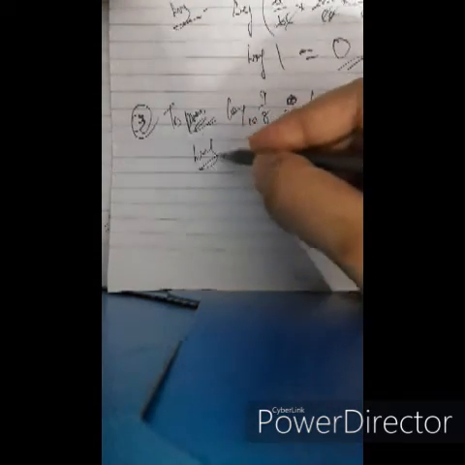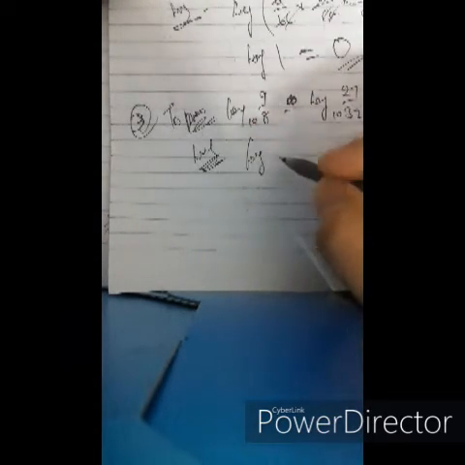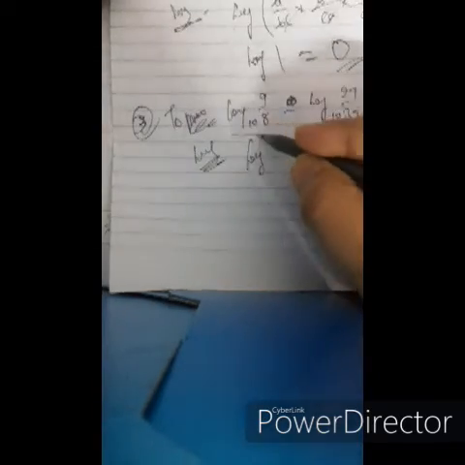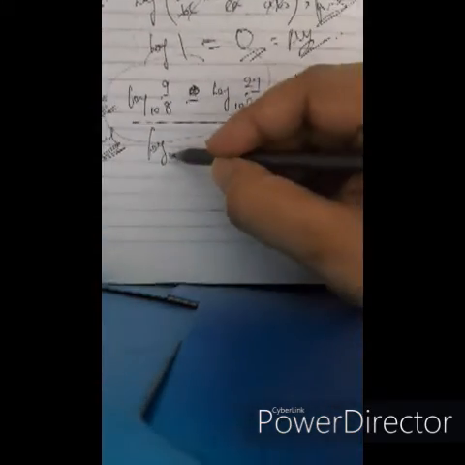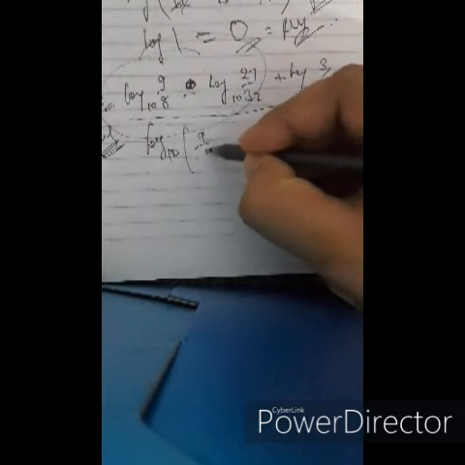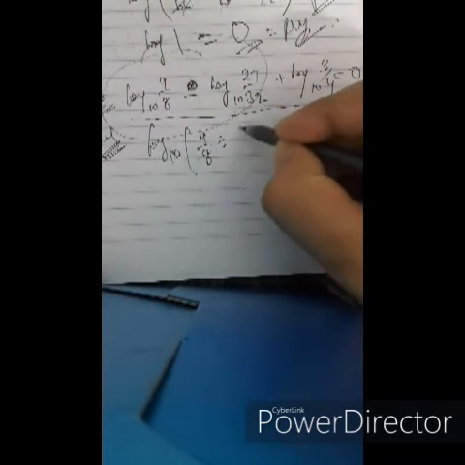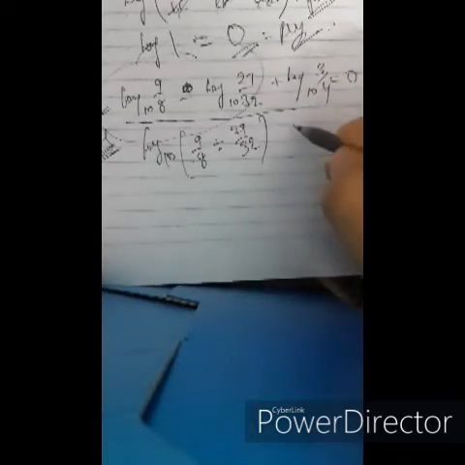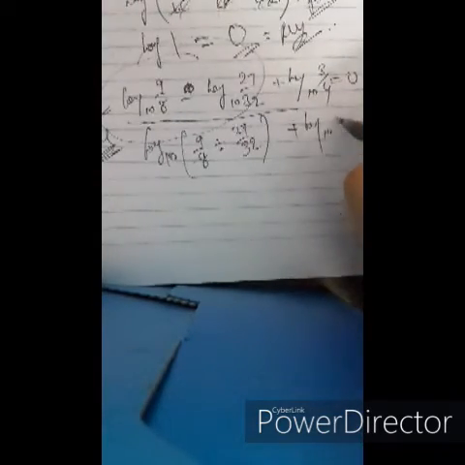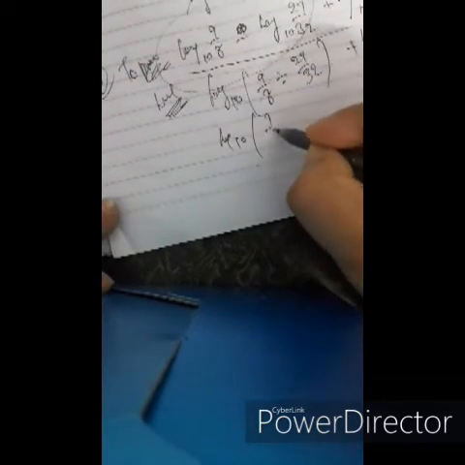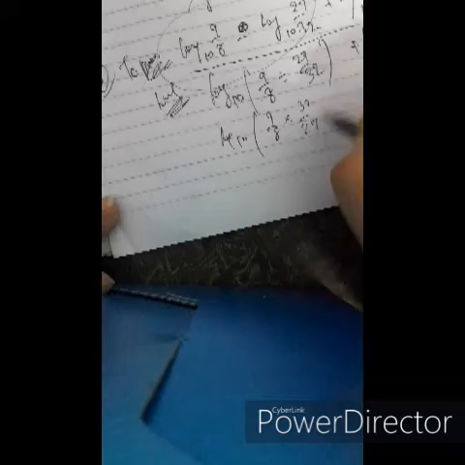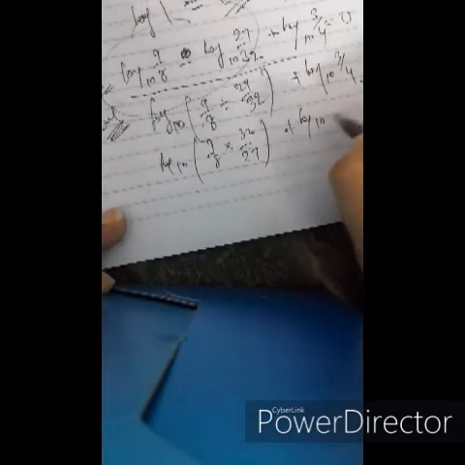Now taking LHS here, first we'll take this part in the problem. Log 10 of 9 by 8 divided by 27 by 32 plus log 10 of 3 by 4. So log of 10 9 by 8 into 32 by 27 plus log of 10 3 by 4.